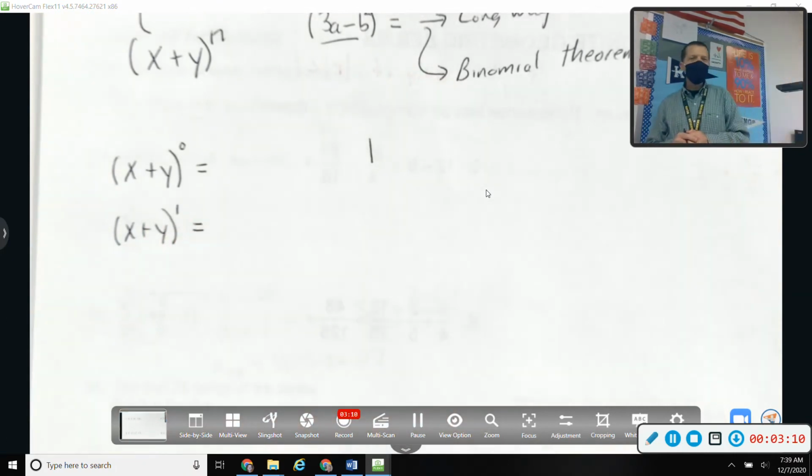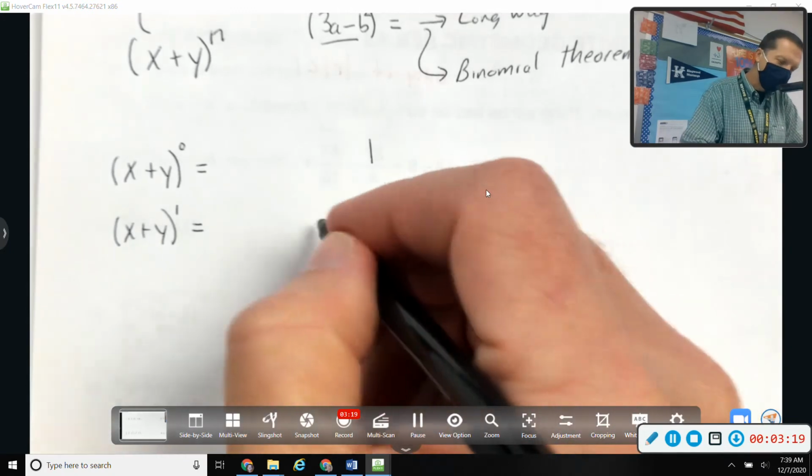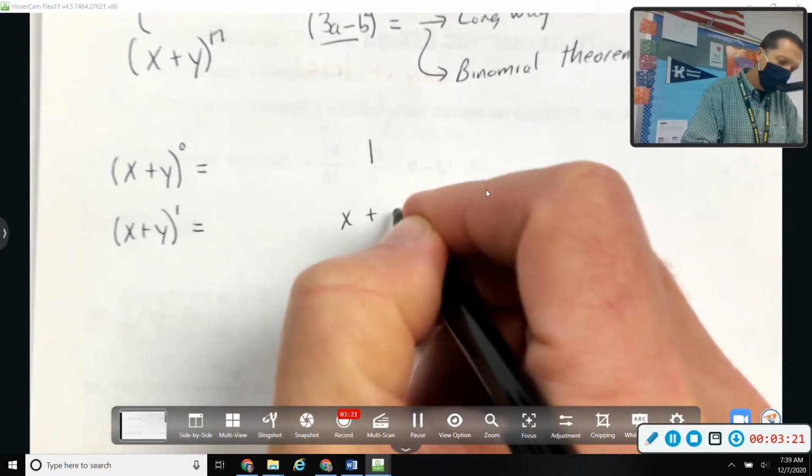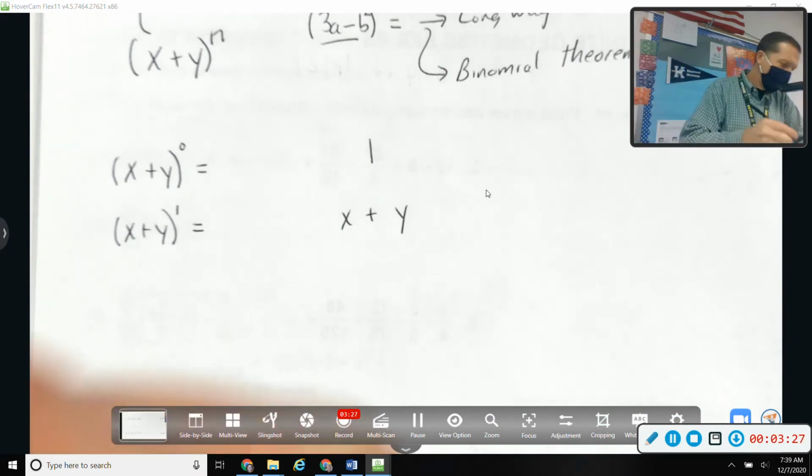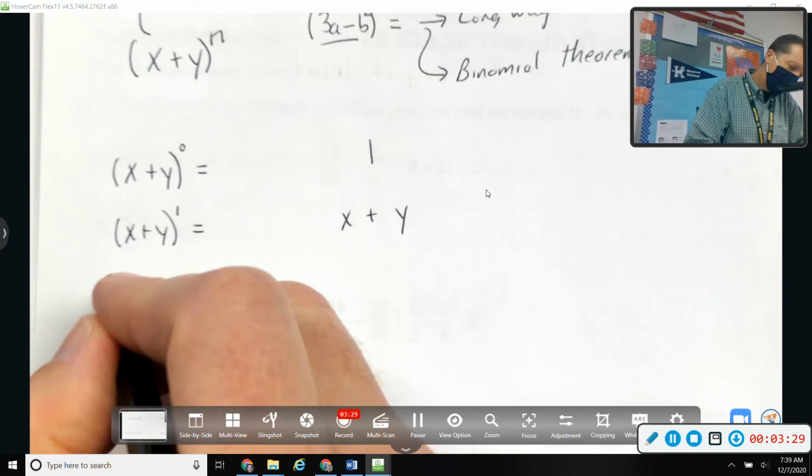How about x plus y to the first? What's that equal to? x plus y, another easy one. Again, we'll put it over a little bit. We're going to center them up. It's going to end up looking like a Christmas tree, fittingly enough.